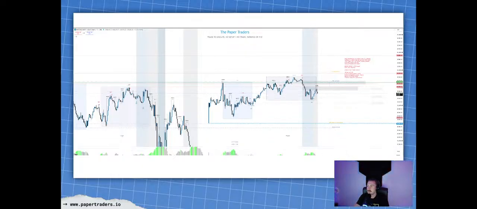All right. Here on the 5-minute, we see that price had consolidation during that Asian session with London manipulating above it, giving us New York potential expansion, continuation to the downside.